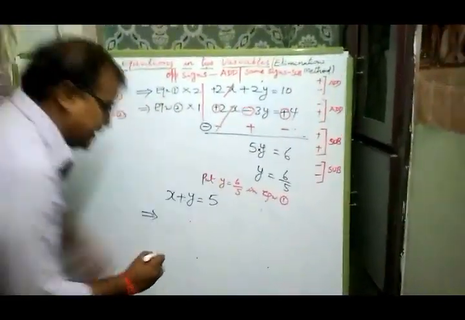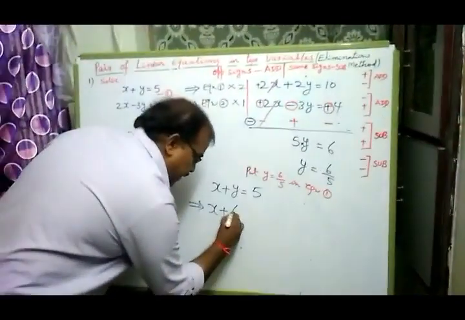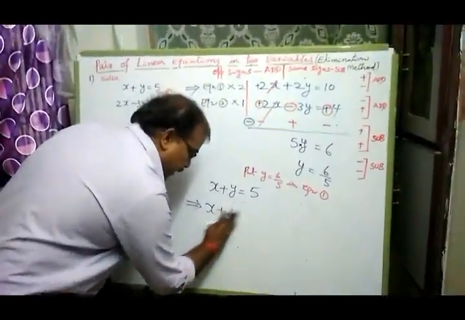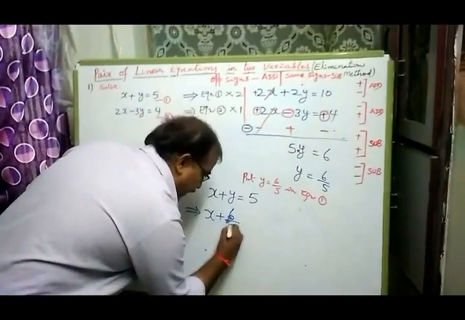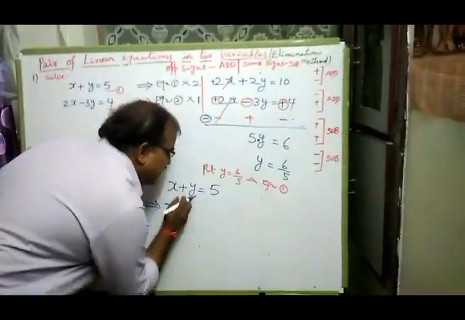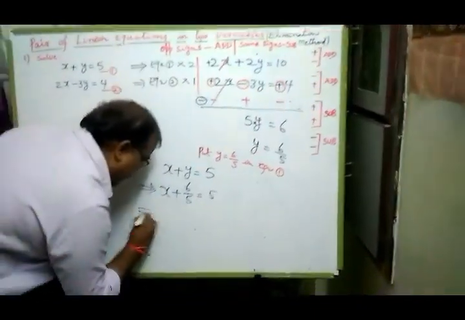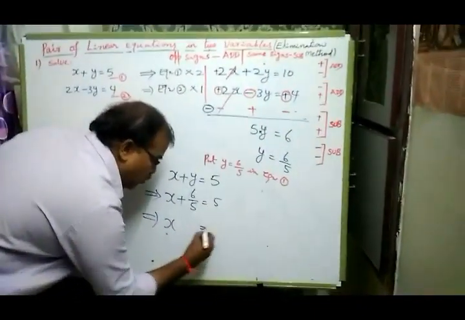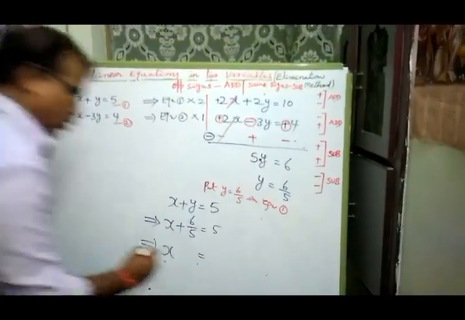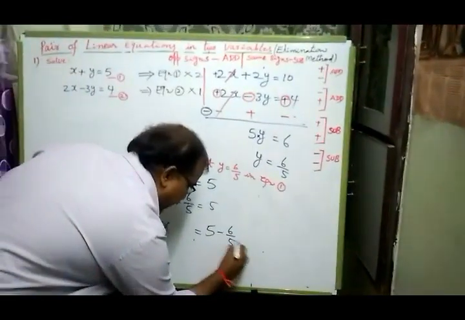So x, in the sense x only. Substitute the y value, 6 by 5. x plus 6 by 5 is equal to 5. That implies x is equal to 5 minus 6 by 5.